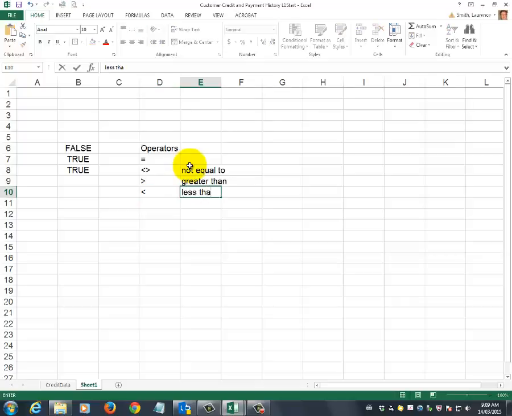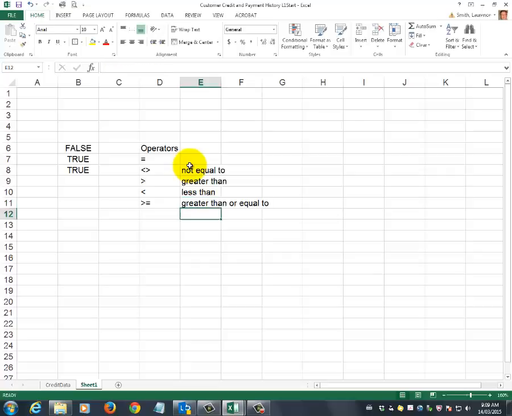If the symbol starts off with a point on the left-hand side, that's small, meaning less than. The opposite is greater than. The symbol starts on the left with a big opening, so it's greater than. And then they've got other ones like greater than or equal to.